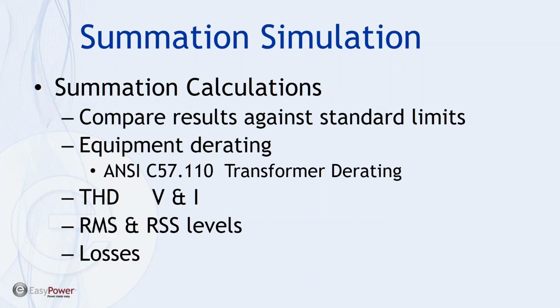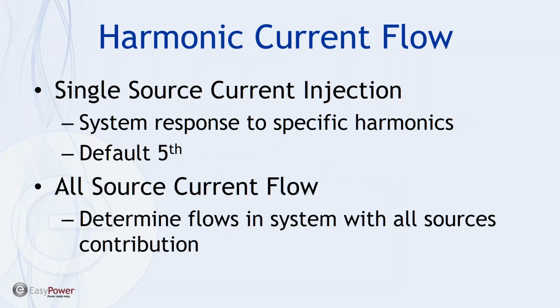Then beyond that, we will get into harmonic current flow, both single source current injection, and there we're looking for the system response to specific harmonics. The default setting is the fifth harmonic, just because it's most frequently generated, and as you'll see, it's most sensitive in a power factor correction environment, but that can be customized to any particular harmonic that we want to analyze.